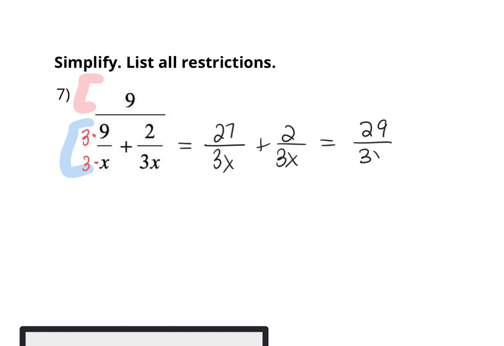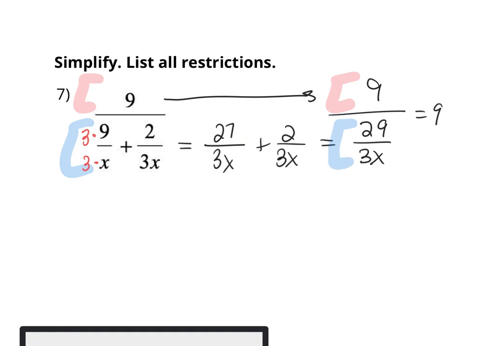29 over 3x. Can I reduce 29 over 3 at all? Nope. Okay, so we'll just leave it. The 9 in our original numerator is still there. I didn't have to do anything with it, so I'll just drag them over. But now we're ready to write our division problem. Numerator divided by our denominator.